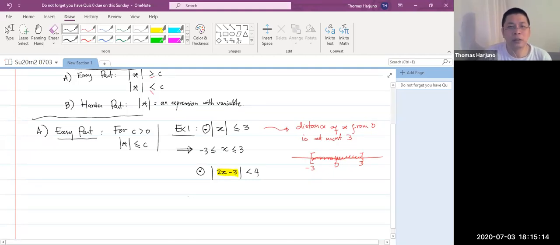It means this blah is less than 4 units to the right, and less than 4 units to the left. Then from there we solve as usual. We add 3 to all 3 sides. This is 7 here, this is -1, and then divide by +2, so I don't need to reverse the inequality sign.